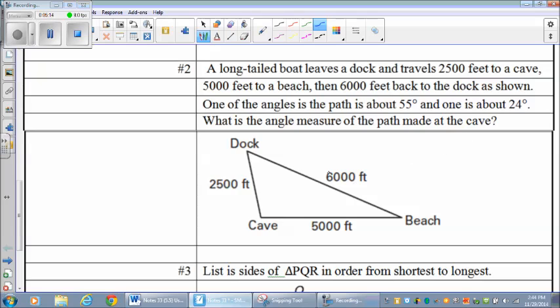Okay. If I'm looking at my two angles, I realize all the angles of a triangle must add to 180. So I'm first going to add these two values up and then subtract that from 180.